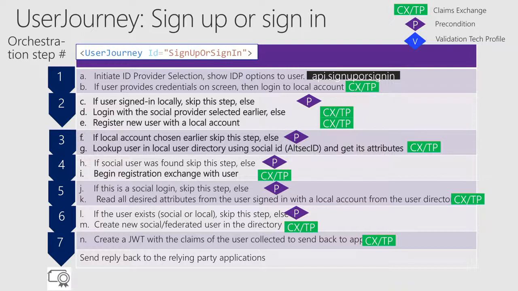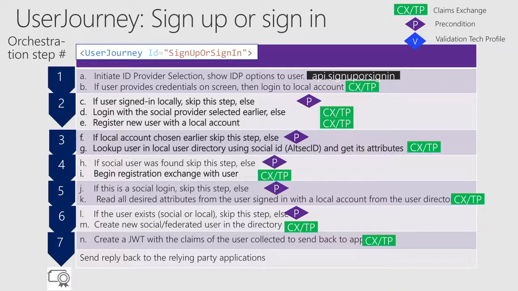Because there is this logic around social accounts and local accounts, we have a bunch of preconditions trying to figure out, when a user federates through a social IDP, we want to immediately check in the directory whether the user exists or not. If the user exists, we take them through the sign-in experience.